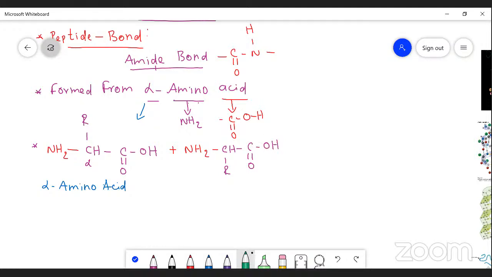These are the first and second amino acids.